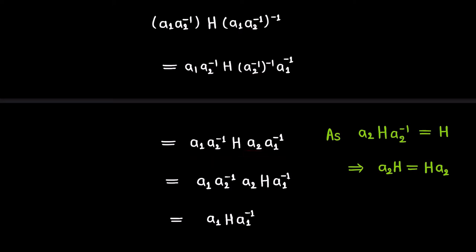Now note that Ha2 can be written as a2H because of this: as a2Ha2⁻¹ is H, post-multiplying by a2 on both sides of this expression, we get this. So from here we have Ha2 is the same as a2H. So we have replaced Ha2 by a2H.